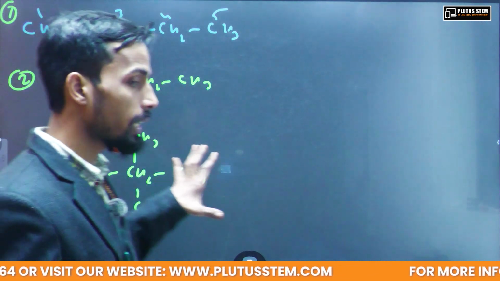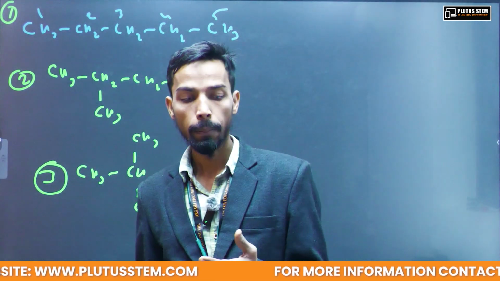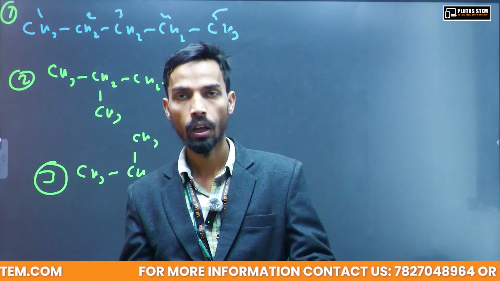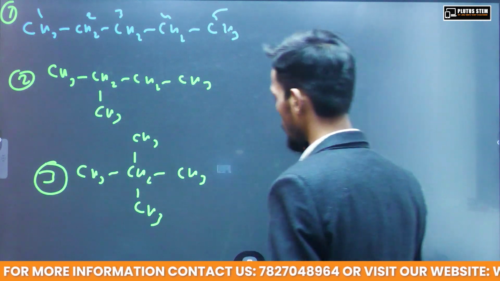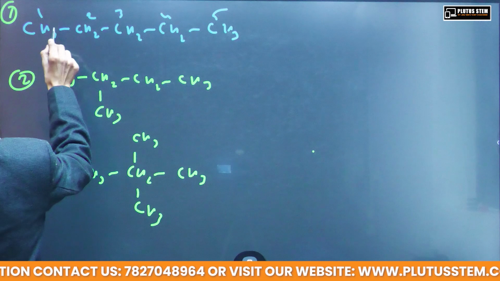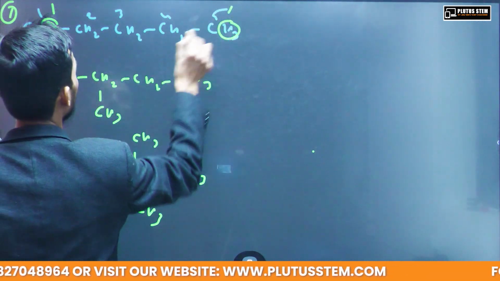And from these 3 structural isomers, we can find some more possibilities. How many possibilities of alkyl halide? There are going to be 8. How can we calculate this? By counting different hydrogens. This and this are the same, 1 hydrogen.